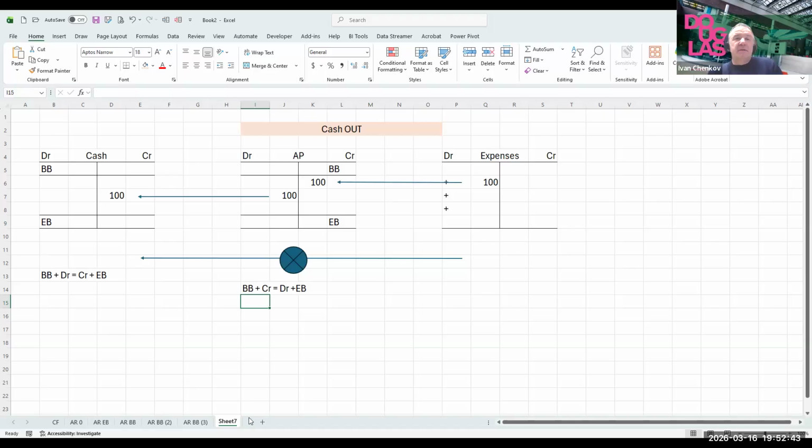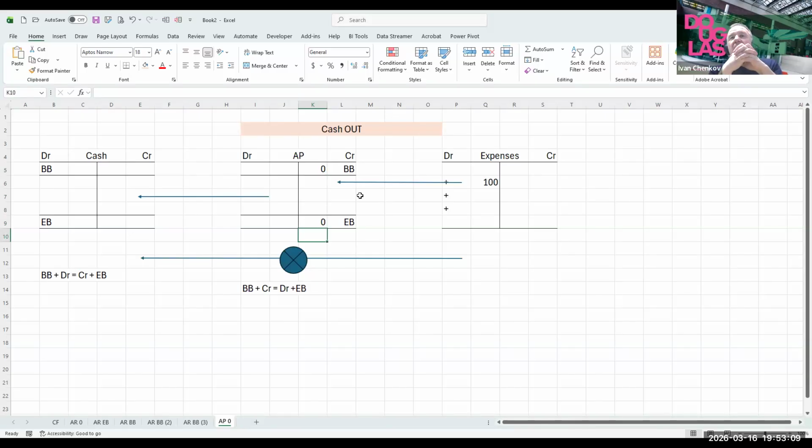So now let's play with the scenarios. First scenario, obviously, will be: my beginning balance is 0, my ending balance is 0. Those beginning and ending balances should be on the other side.